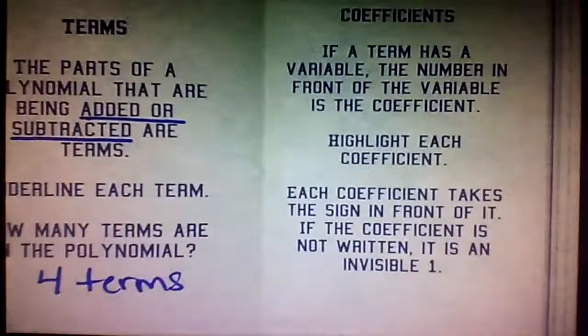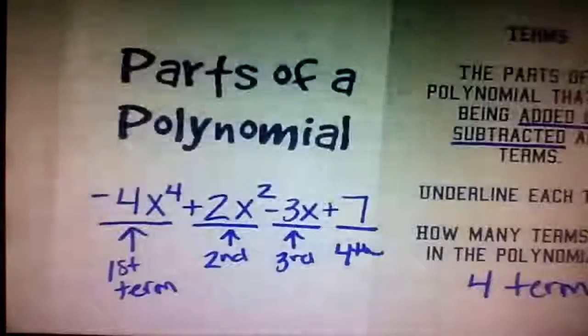Okay. Every term has a coefficient. Your formal definition: if a term has a variable, the number in front of the variable is the coefficient. Highlight each of the coefficients, or we can circle it. So if you look at -4x to the 4th, what is my coefficient? -4. -4 is my coefficient.